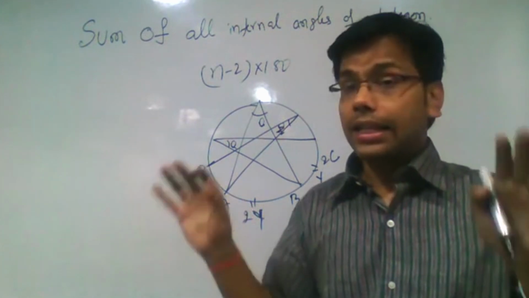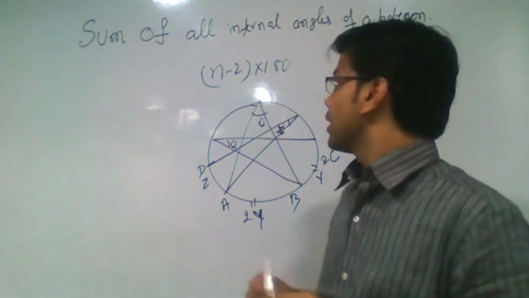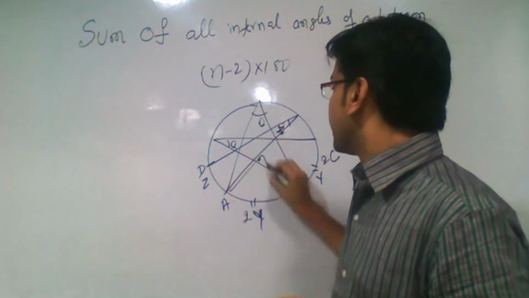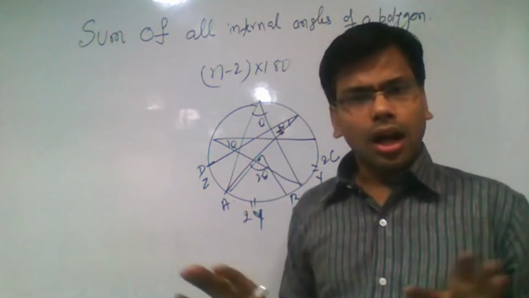I hope it is fine. And the last and most important concept is if an arc makes angle theta on the perimeter, then it makes 2 theta at the center. I hope it is clear.